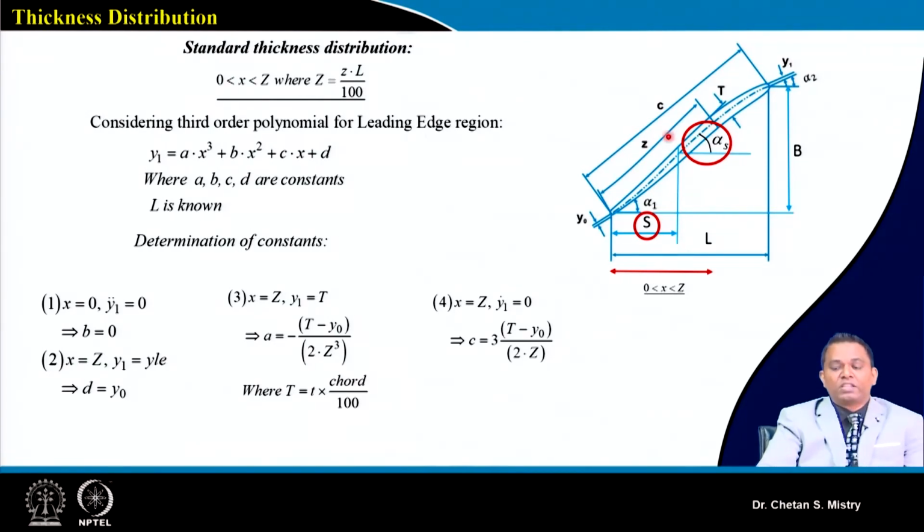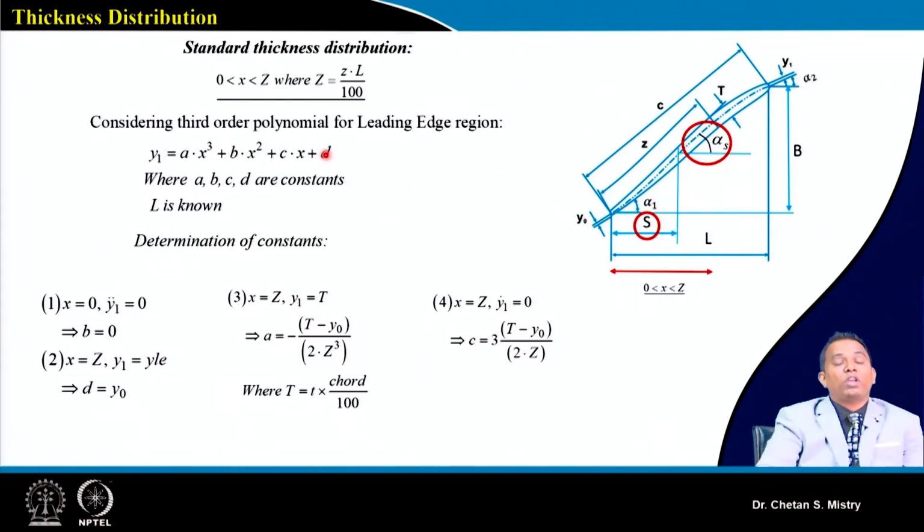We can say this is my Z location. So between 0 and Z, or from the leading edge to that location, we will be selecting a third order polynomial thickness distribution. That is a into x cube plus b x square plus c x plus d, where a, b, c, d are all constants.